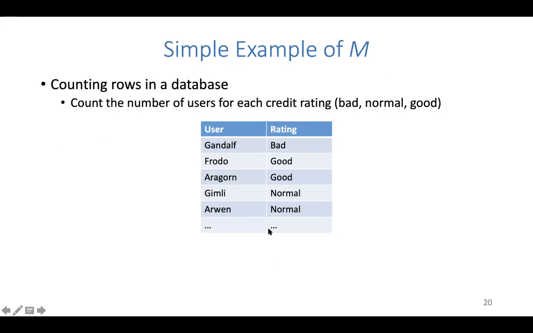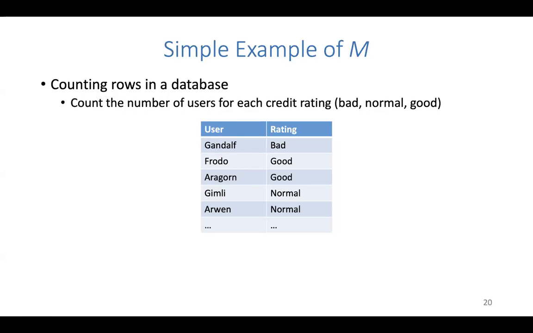Let's say we have a database which consists of users and their corresponding credit rating. There could be many users, and there can be only 3 types of ratings, which are bad, normal, and good. For example, Gandalf has a bad rating, Frodo has a good credit rating, Gimli has normal credit rating, and so on and so forth.